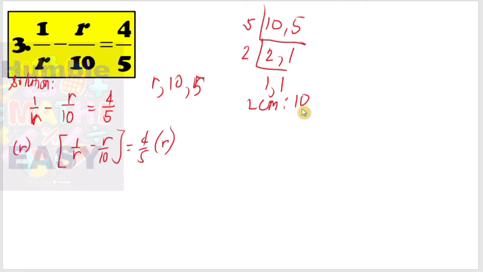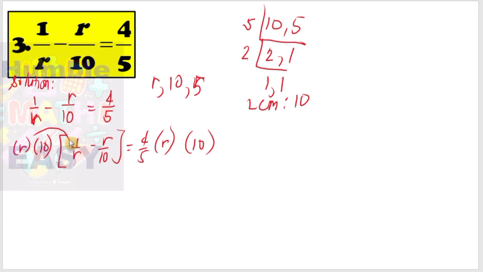So, what does it mean? We're going to multiply both sides of the equation by 10. So, I stand corrected. We have to correct that one. So, this one becomes 10 and the other one is 10. So, the next thing is we're going to distribute.